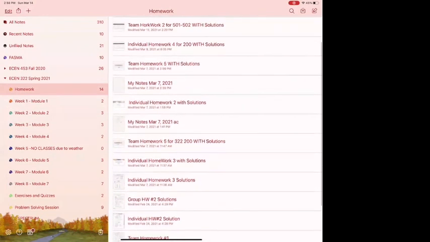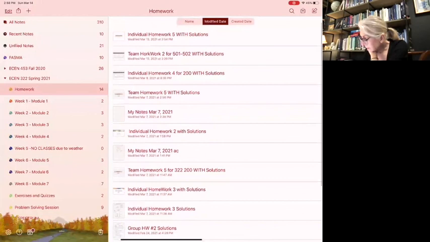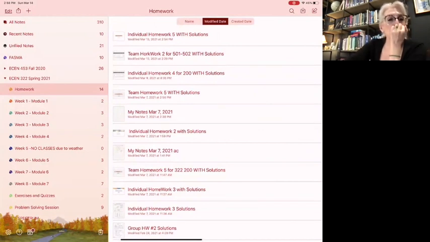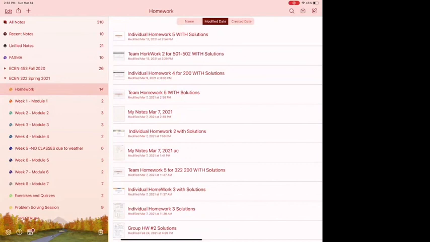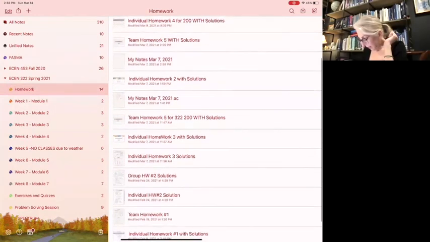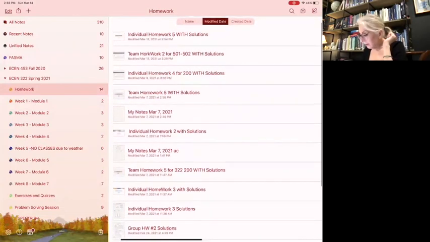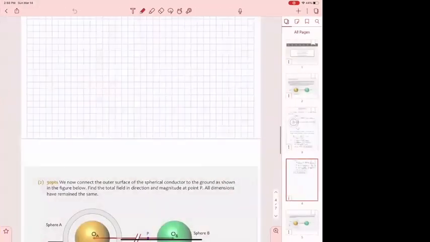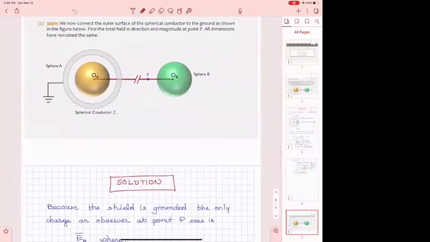Where is homework 4 with solutions here? Do you remind me? I don't seem to have it, but I'm sure I have uploaded them. It's on Canvas. It's the one with the 2 spheres and one of them is shielded. Yeah, that's very similar to what we did here. Actually, I think it's that one. Wait, I don't think that's it.